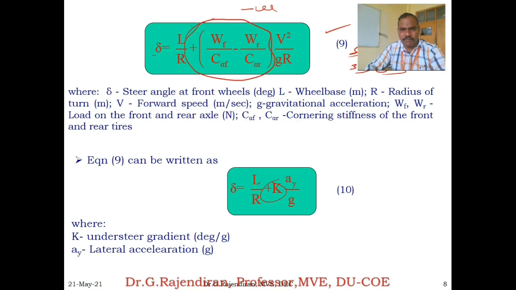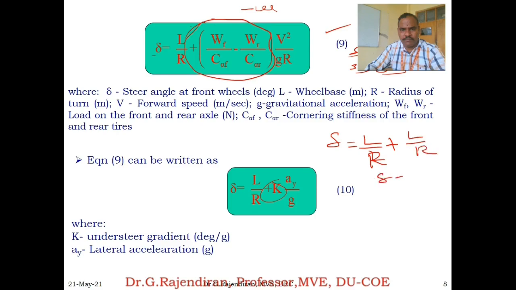Correct? At a particular speed, delta is equal to L by R, the first term, and the second term is increasing with the vehicle speed. Correct?